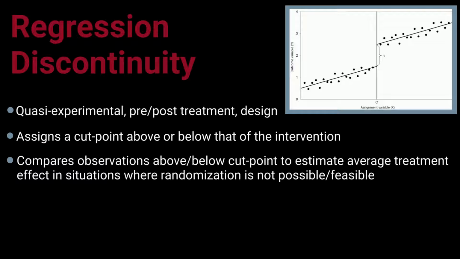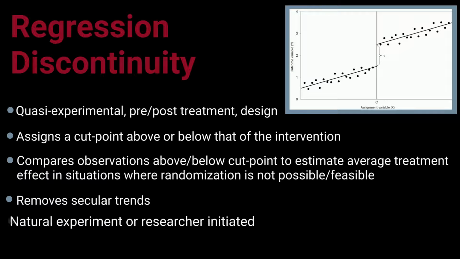So with regression discontinuity, one cannot make true causal inference alone because the method does not automatically reject causal effects by potential confounding variables. Regression discontinuities, in a way, remove secular trends and can either be a natural experiment or initiated by a researcher.